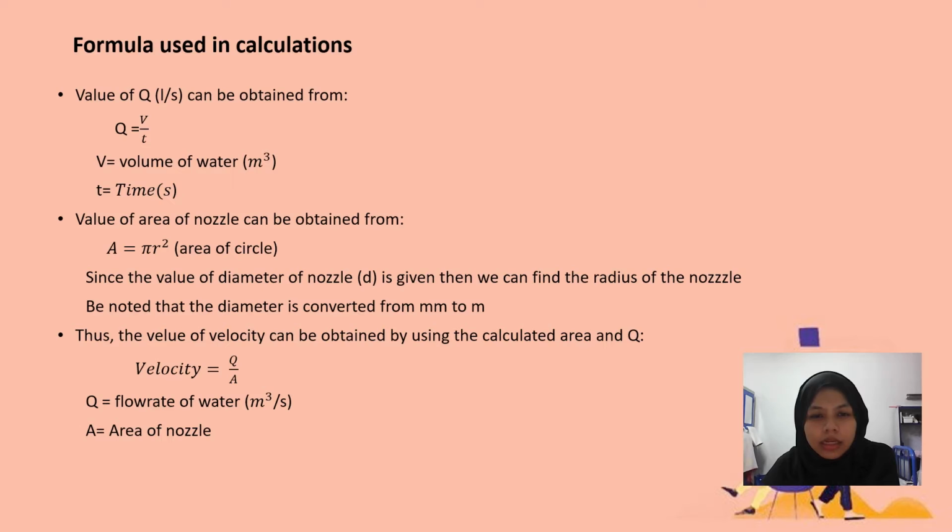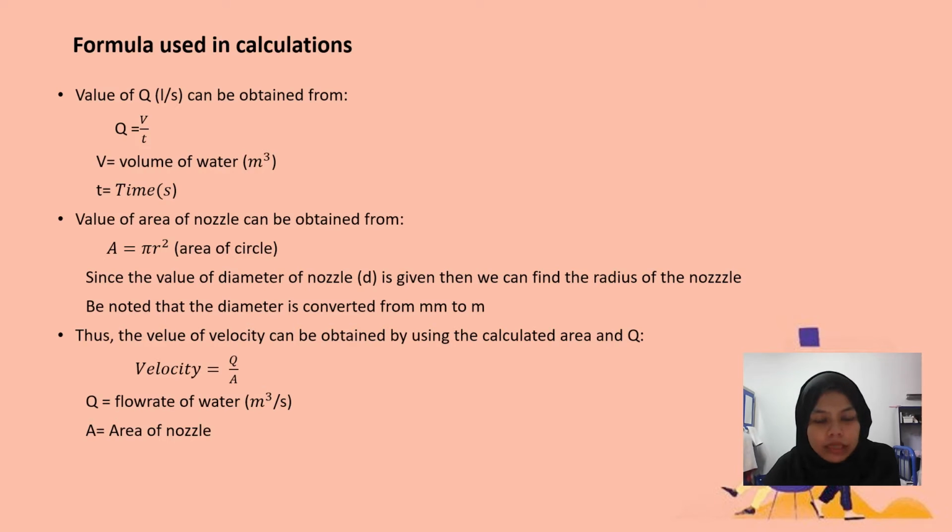Since the diameter of the nozzle is given, we can find the radius by dividing the diameter by 2. After we get the radius, we can insert it in the formula to get the area of the nozzle.